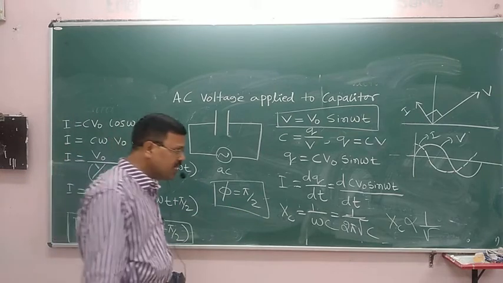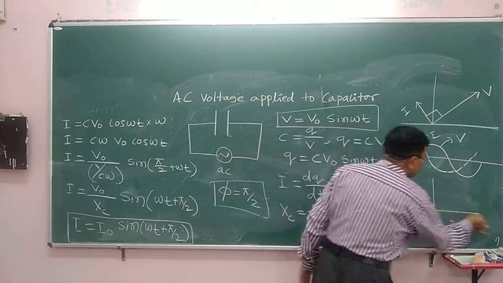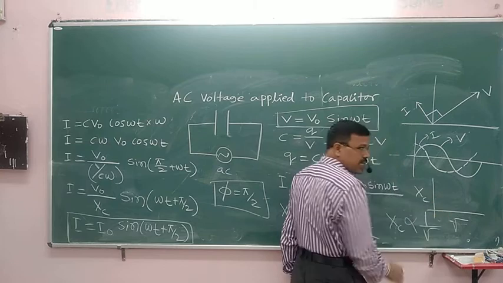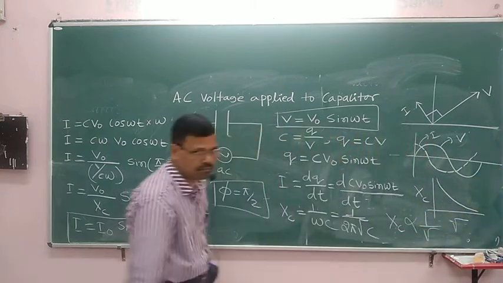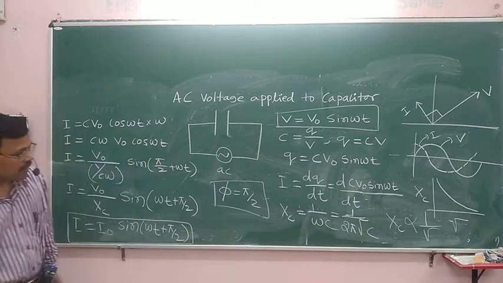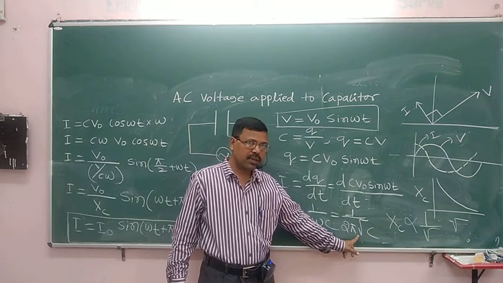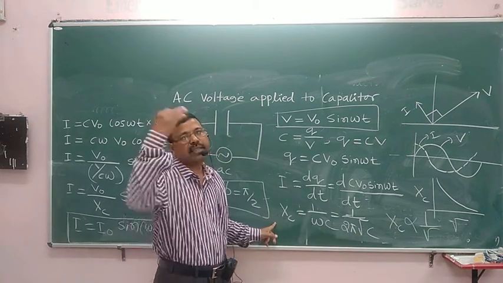How do we show it graphically? We can show it like this. This is frequency, this is Xc, and they are inversely proportional. If the frequency of AC doubles, the capacitive reactance is halved.